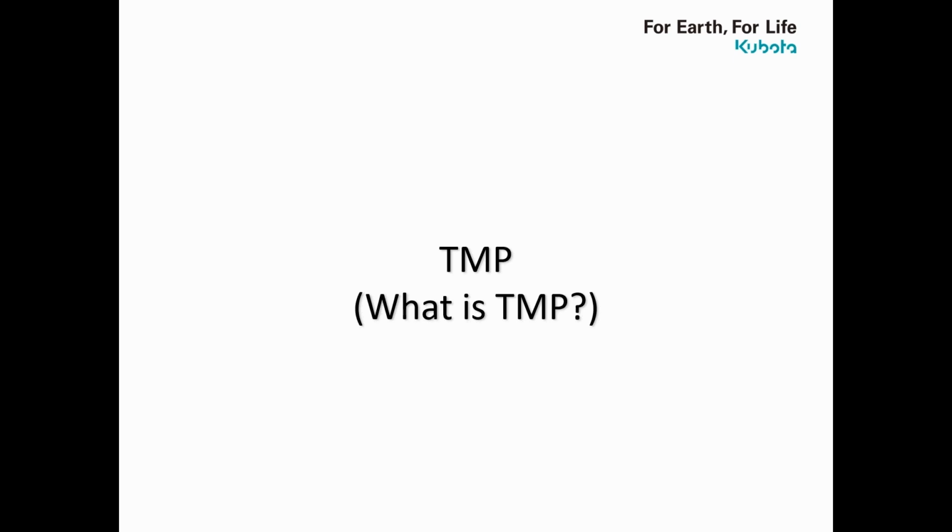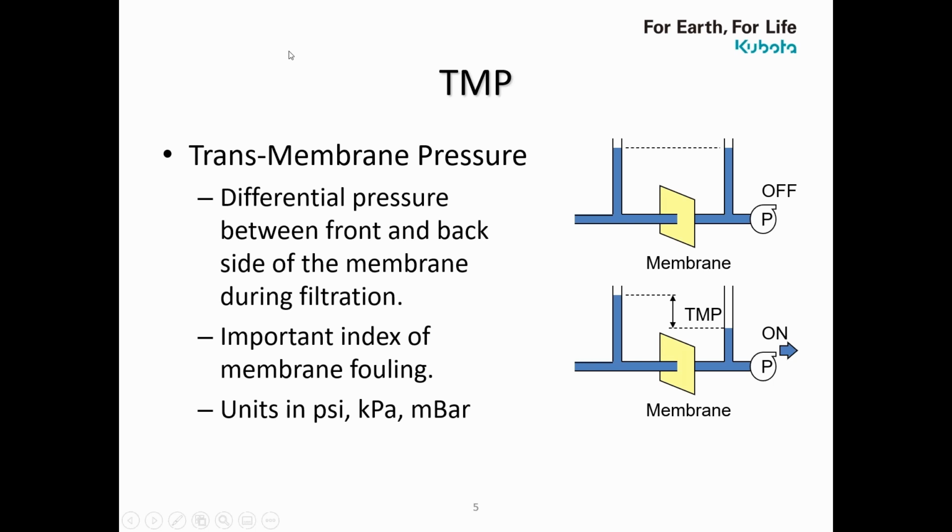This may be a quiz at the very end, so please remember: TMP stands for transmembrane pressure. It's the differential pressure between the front and back side of the membrane during filtration.